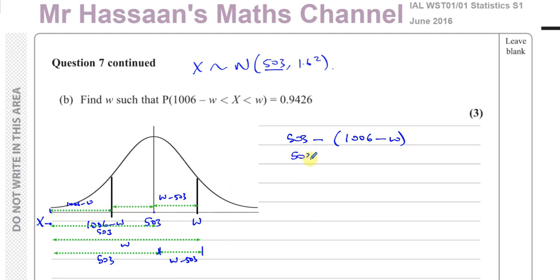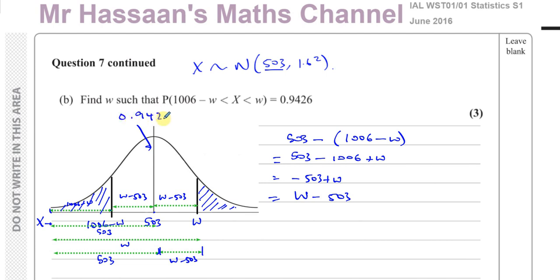You get 503 minus 1006, and minus and minus gives you plus W. So that's 503 minus 1006, which is negative 503, plus W, which we can say is the same as W minus 503, which means that this length is also the same as that length. So there's symmetry here. So the area of this section here is the same as the area of this section here, and the area between them is 0.9426.